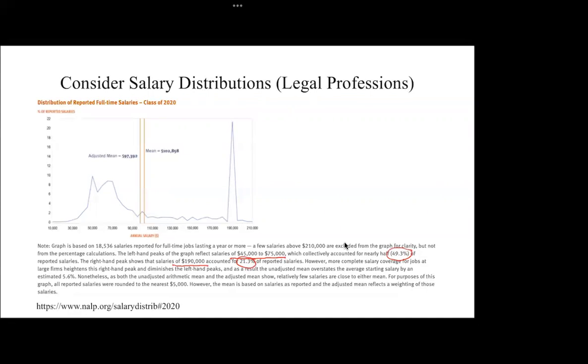So actually, the average is not representing the most likely salary that a law student finding their first full-time job will be making, because of those two heavy clusters at each end of the distribution.